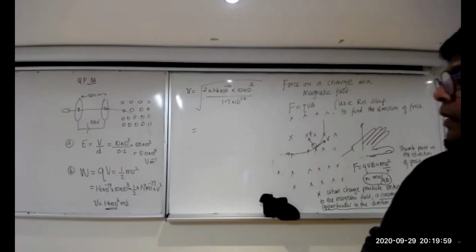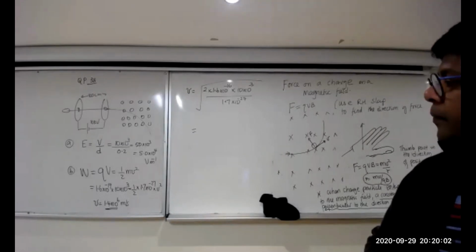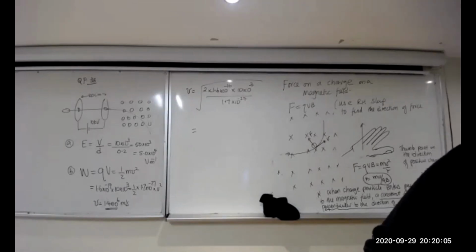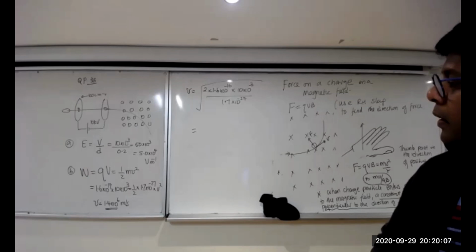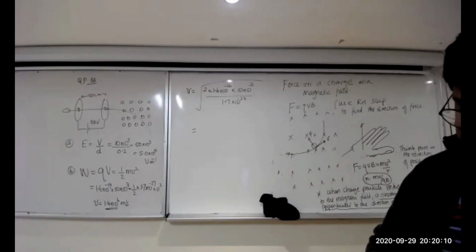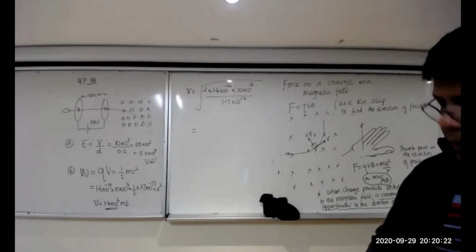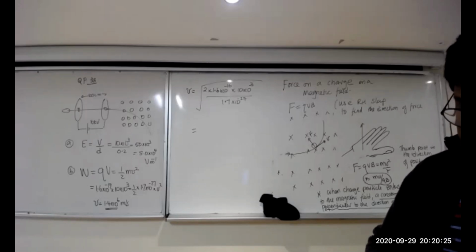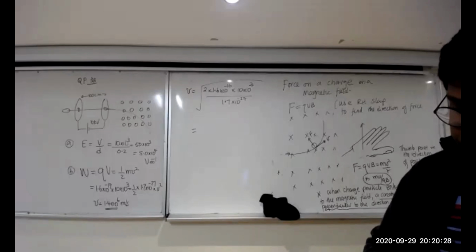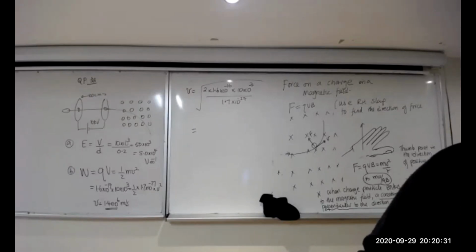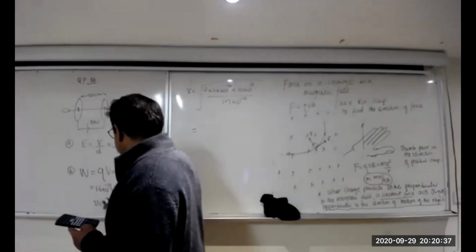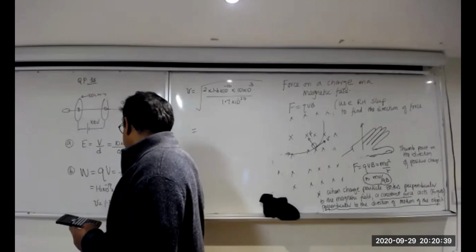I double checked, I got 3.07. 1.6 times 10 to the power negative 19 times 10 to the power 4, times 2, divided by 1.7 times 10 to the negative 27, square root of that. 1.37, yeah, that's correct. 1.37 times 10 to the power 6.